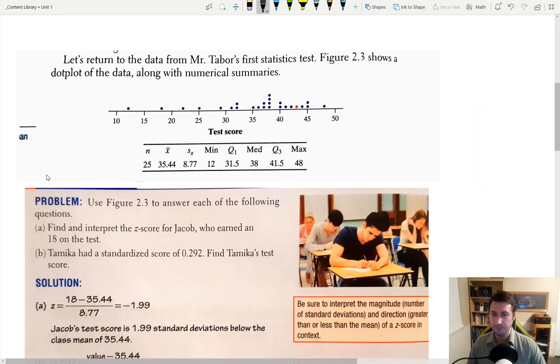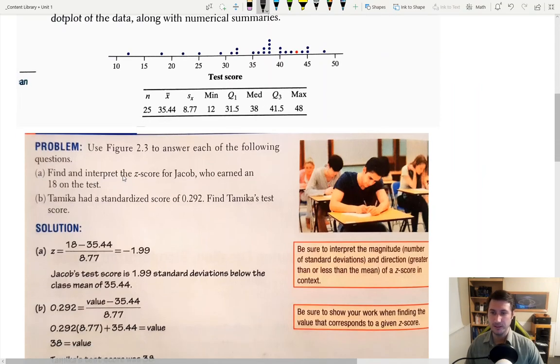Nice summary there. So find and interpret the z-score for poor Jacob, who earned an 18 on the test. Our z-score is equal to 18, Jacob's score, minus the average, divided by 8.77, the standard deviation. And that gives you negative 1.99.